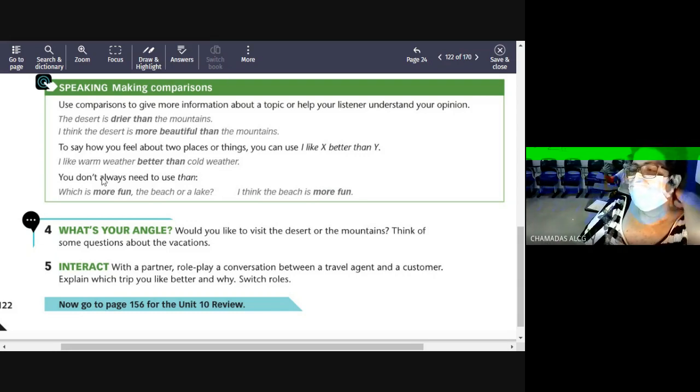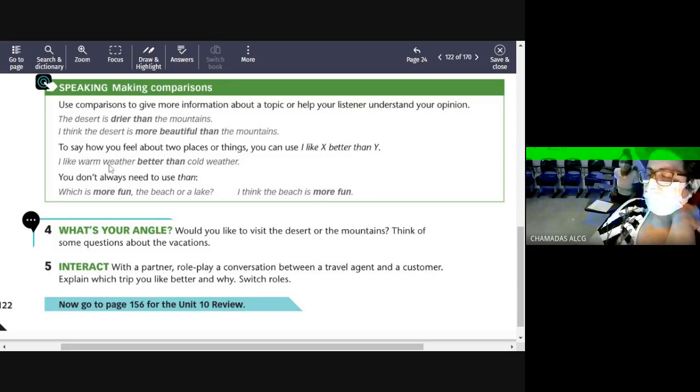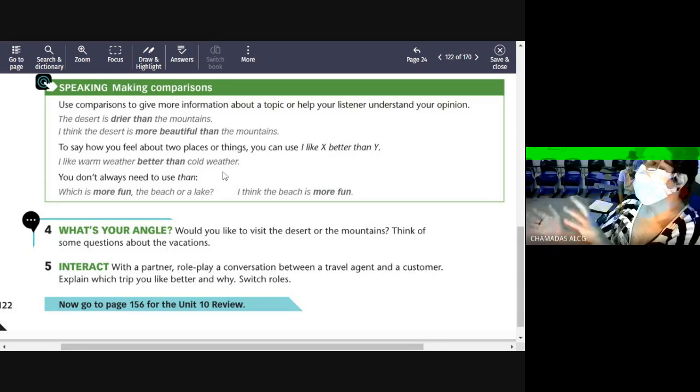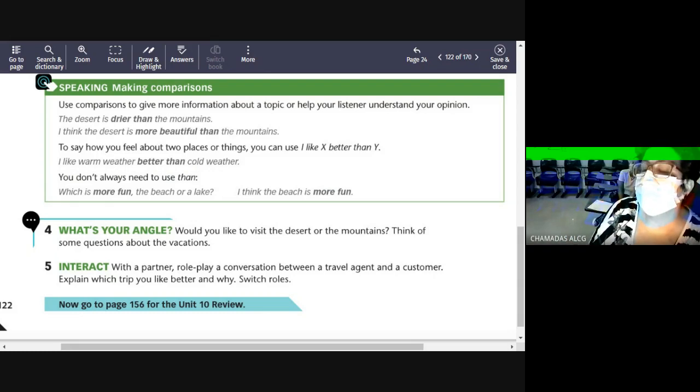So here we have an example. Samira, can you read the example, please? I like warm weather better than cold weather. All right, thank you. So here you are comparing two things and saying which one you prefer. So you like this one better than the other, right?